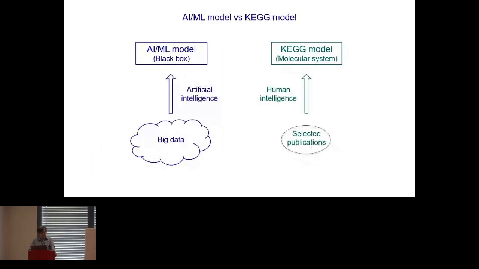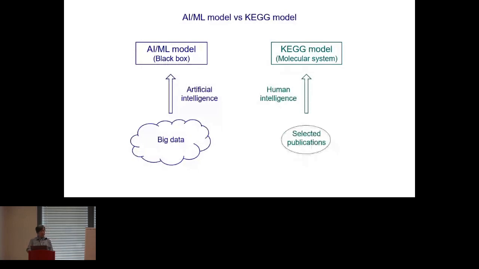Here, I'd like to compare the KEGG model with the AI and machine learning model. Of course, the ability and usage of AI is tremendously large. But this is a computational approach. The main difference with the KEGG model is that we create a model manually based on human intelligence.